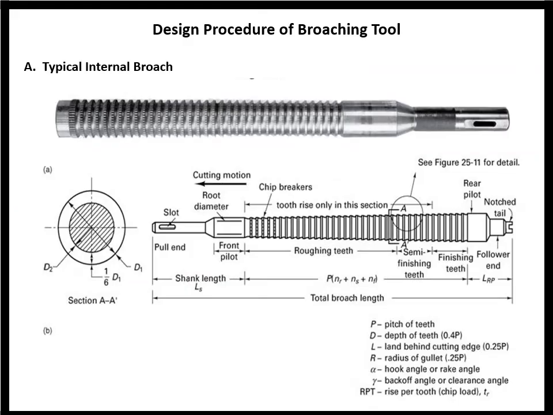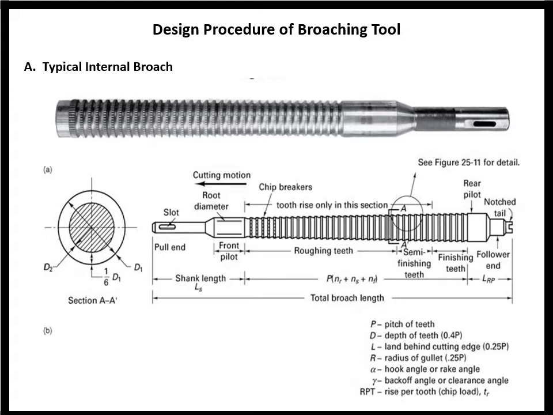Now from this slide we will study the procedure for designing a broaching tool. For that we will study the nomenclature of a typical internal broach. Now there are two images. One is the virtual broaching tool and the other is the schematic diagram of a broaching tool.